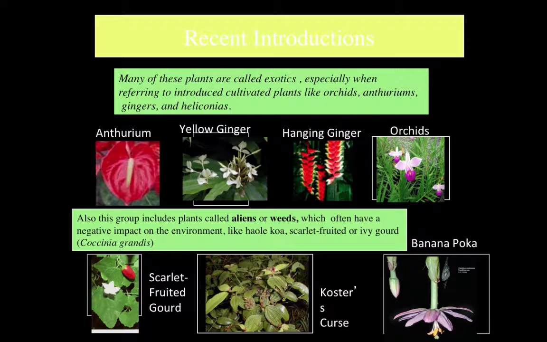Some of these plants can be a major issue, like the yellow ginger. Scarlet fruited gourd is a horrible invasive species, and so is Koster's curse. They really displace native plants, and it's just awful. They're also called aliens or weeds, but these plants can really make a huge impact in the environment.